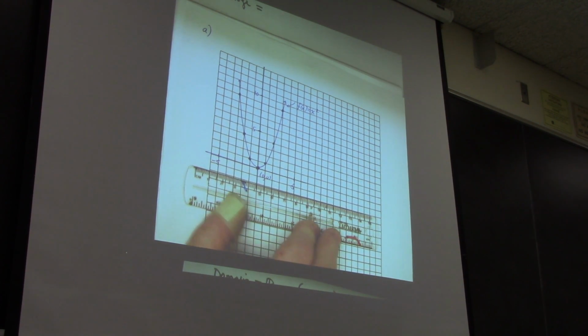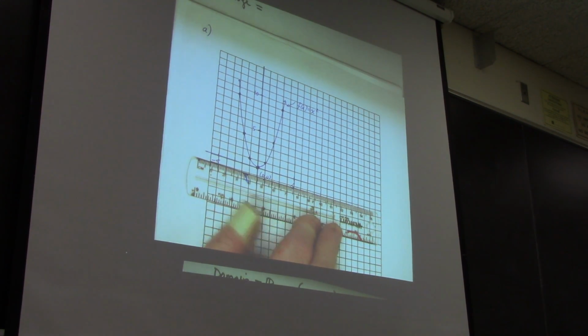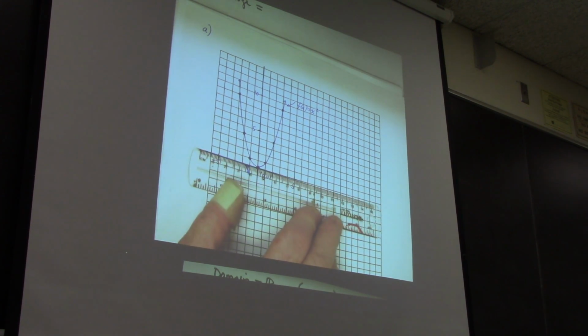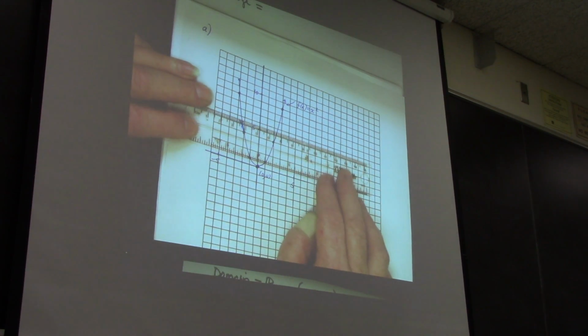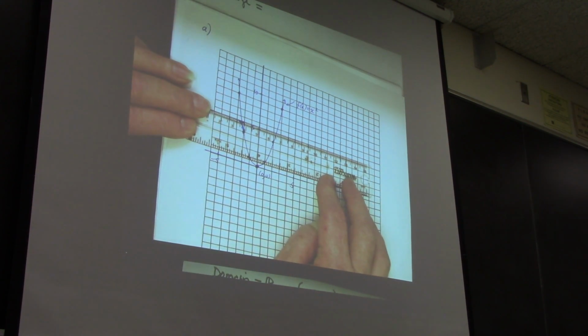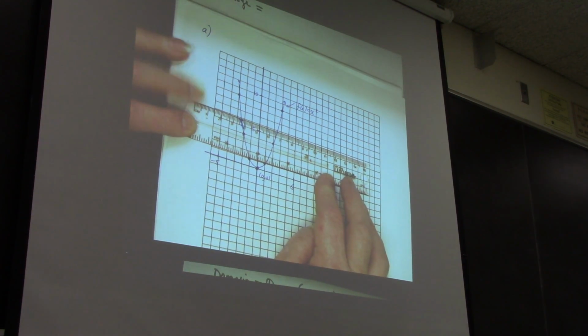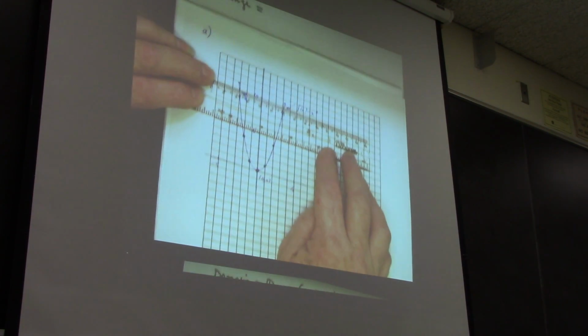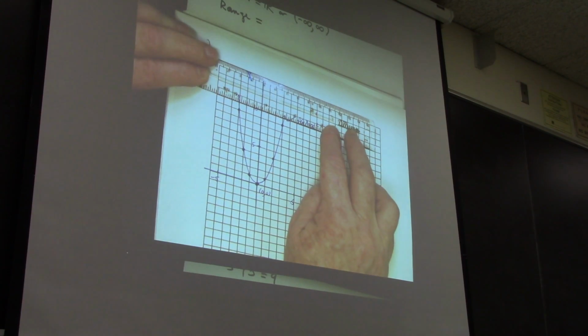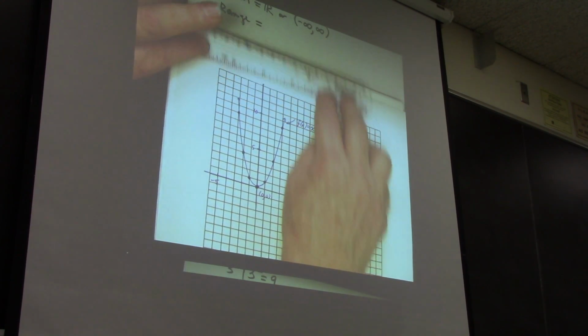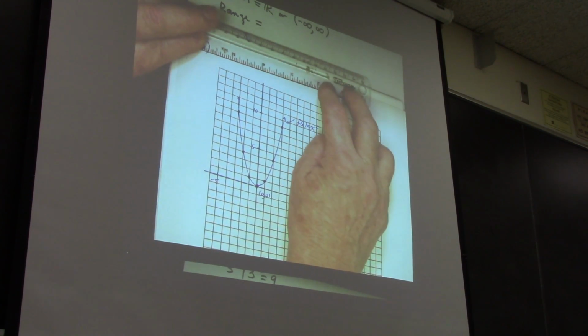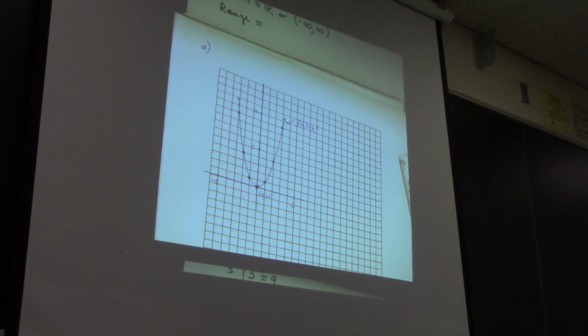No. Is y equals negative 1 in the range? No. Is y equals 0 in the range? Yes. Is y equals 1/2 in the range? Yeah. Is y equals 1 in the range? Is y equals 5? Is y equals 10? Is y equals 1,000 in the range? Yes.